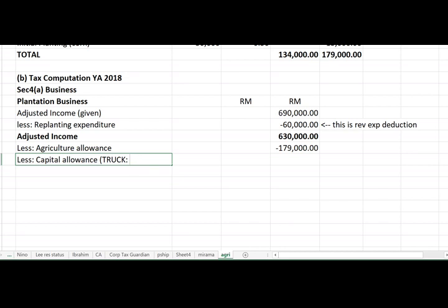So you shouldn't miss that. So the truck has 160,000 QPE, and then the annual allowance for truck is 20%. So you get 32,000. Now this is not first year, that's why you only have annual allowance, okay?